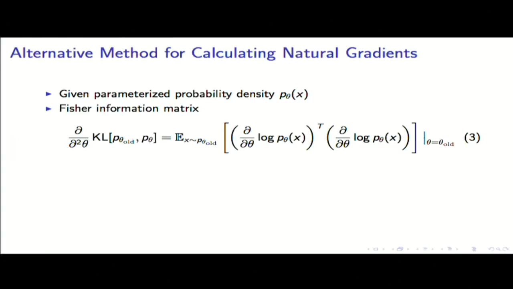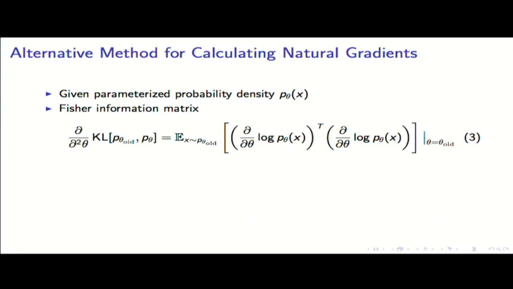To explain the idea, let me go back from reinforcement learning to a more general setting of parameterized probability distributions. Let's say we have a parameterized density p sub theta of x. Now we're going to talk about the Fisher information matrix.